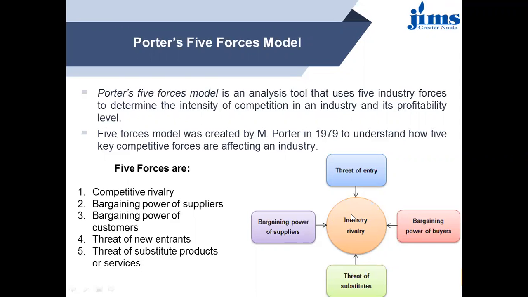That means someone else in the industry is substituting a product against your product. And then there is the threat of new entry. If some new businessman is coming into your field, that is also a threat, depending on what kind of product the new entrant is providing. This is what is included in the 5 forces.